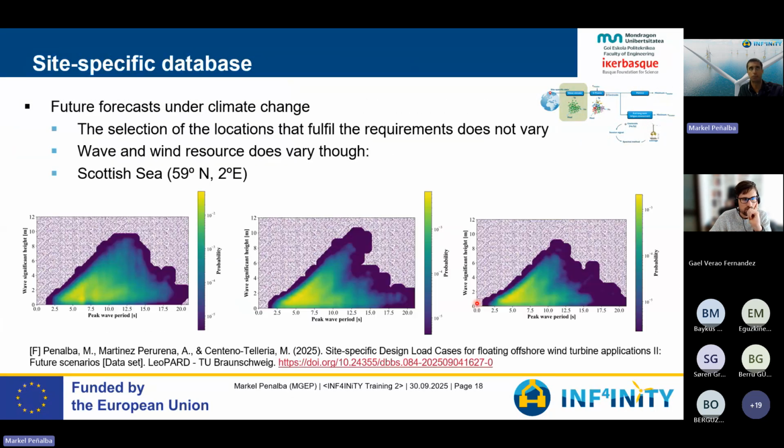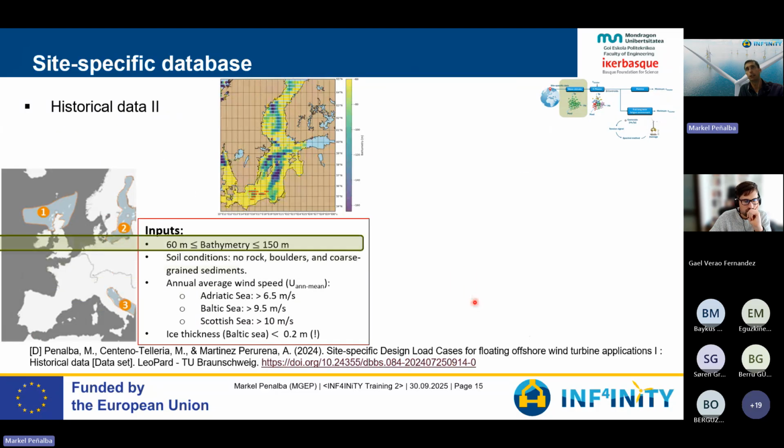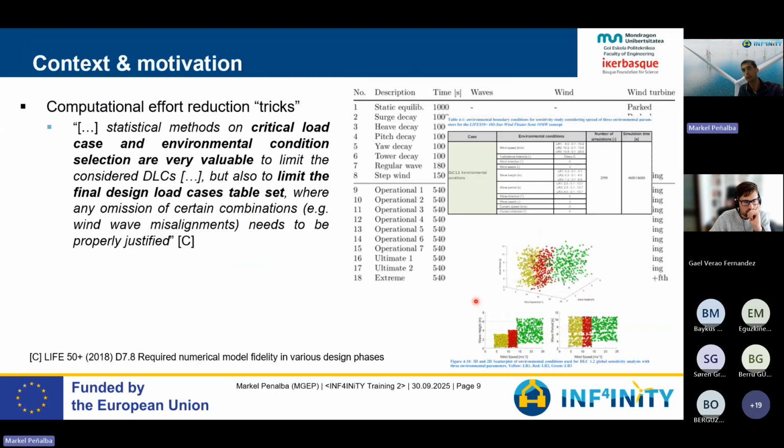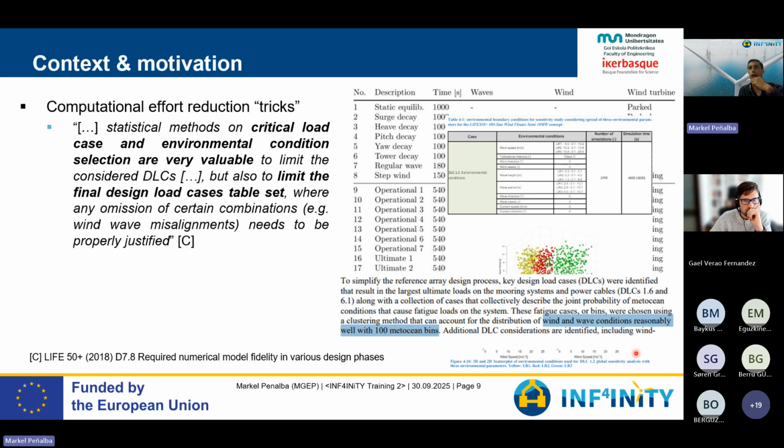The experience with different companies going through the certification process suggests that for the pre-FEED, about 70,000 different simulations are required by the certification bodies, while for the FEED certification, about 150,000 different combinations of environmental conditions are required. But you see here, the Live 50 Plus suggests 3,000. IEA suggests 100.